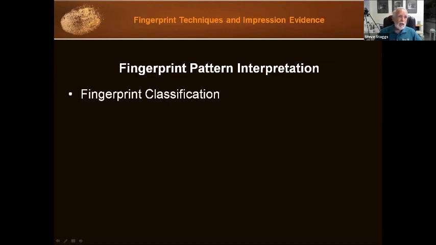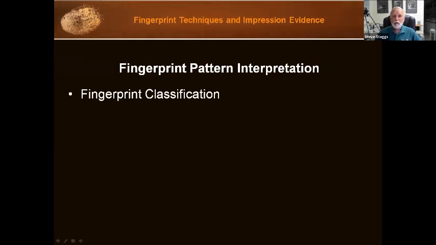First of all, an understanding of the Henry classification system. Now, there's two classifications we're going to be talking about: the Henry classification system and the NCIC classification system. We're going to start with the Henry first. The understanding of this system is needed when comparing latent prints against known prints.